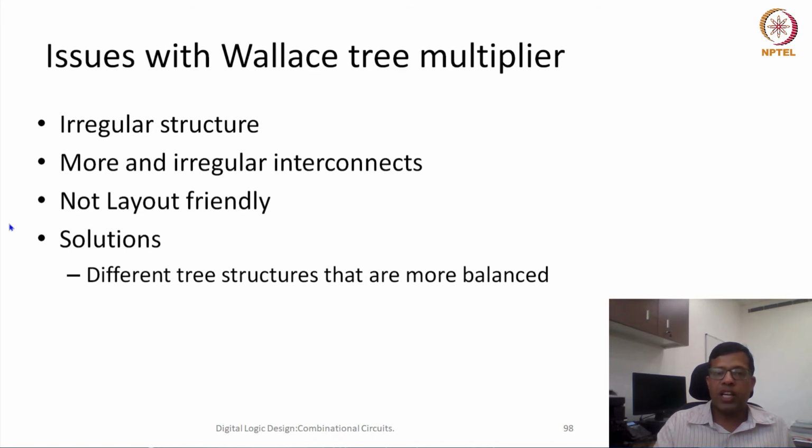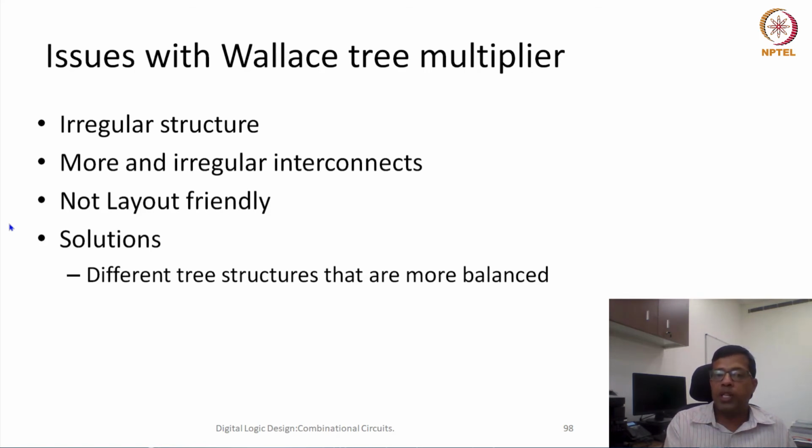Every time you need to do addition, you have to fix all these bits, and in every addition you should know which particular bit you would like to connect to. So you would require a different number of adders in every stage, and every stage would require a different kind of interconnect also. So it's not very regular.